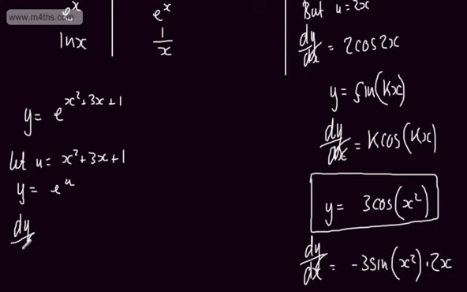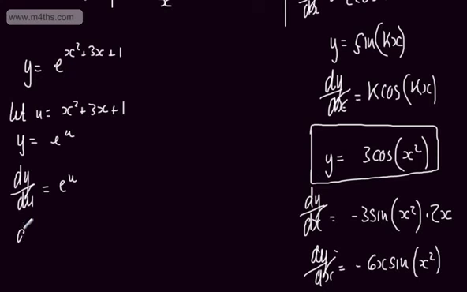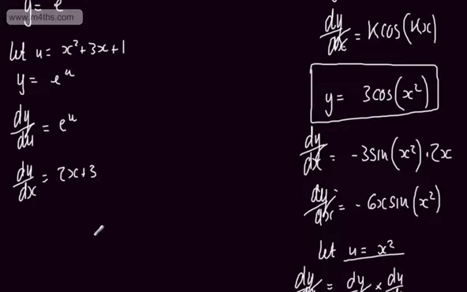So we can say that dy/du is equal to e to the u. We can say from here that du/dx, so let's write du/dx, is going to be the derivative of x squared plus 3x plus 1, which is going to give me 2x plus 3. So by the chain rule, dy/dx will be equal to the quantity 2x plus 3 multiplied by e to the u.